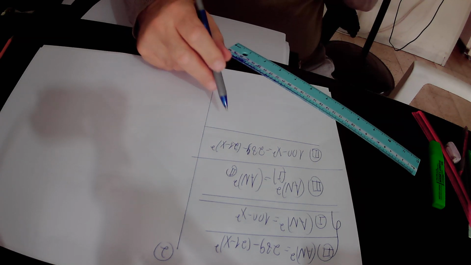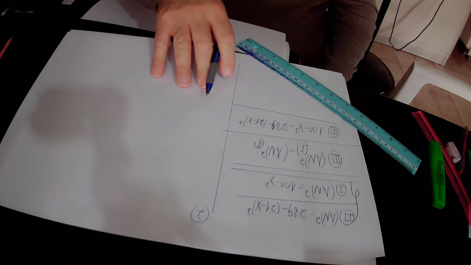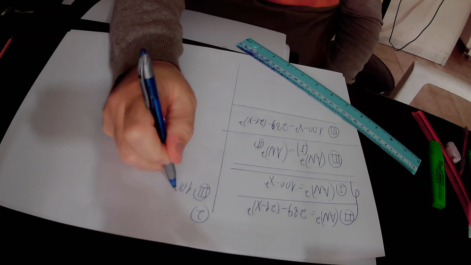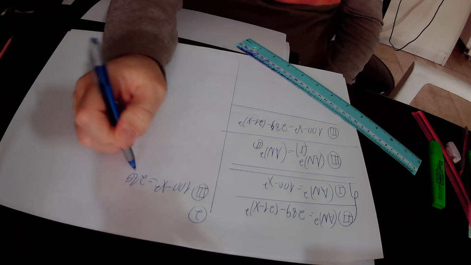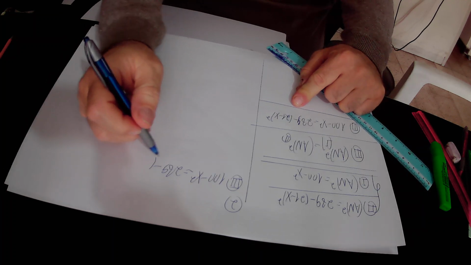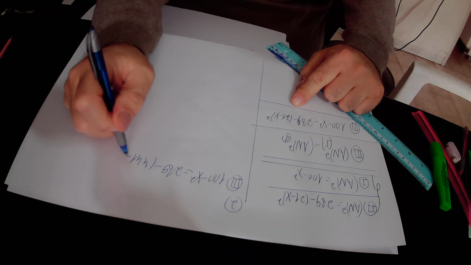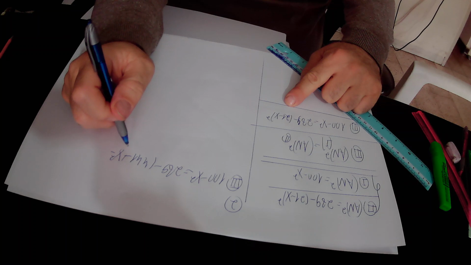Here we open the brackets of this expression. According to equation 3, 100 minus x squared equals 289 minus, and 21 minus x squared equals 21 squared, that is 441, plus x squared minus 2 times 21, which is 42, times x.